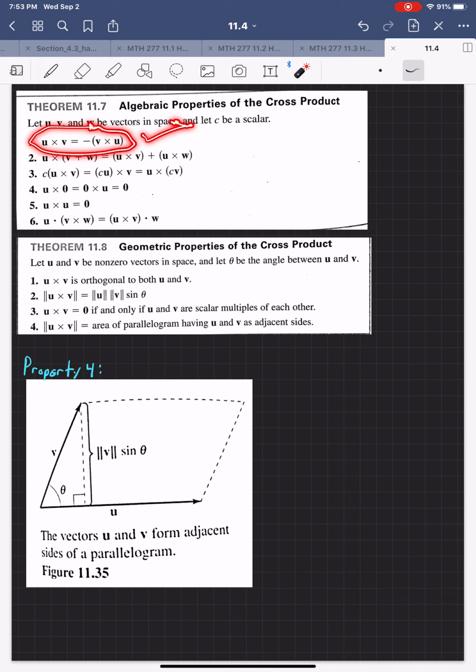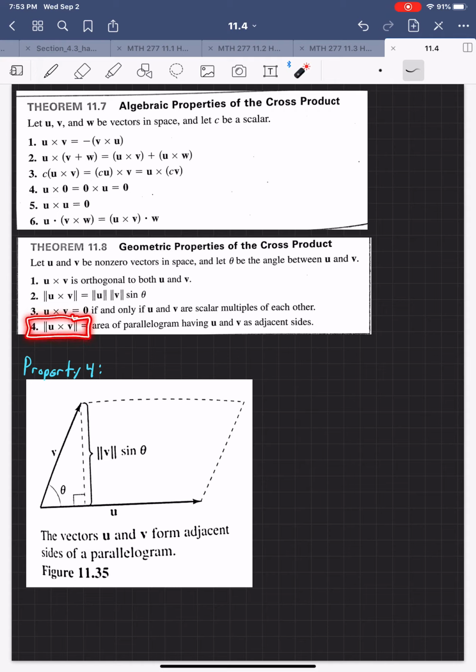Negative v cross u. So u cross v is equal to negative v cross u. Let's actually go to the geometric properties of the cross product, which are, in my opinion, much more interesting and much more useful.